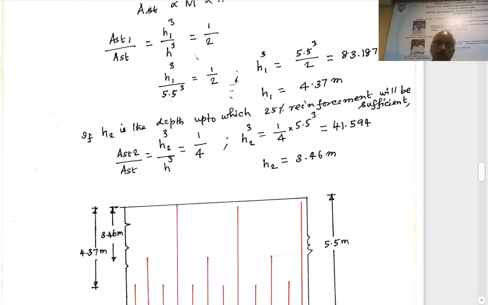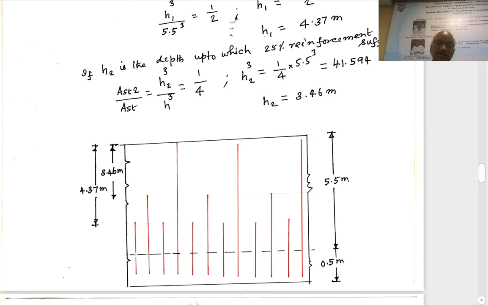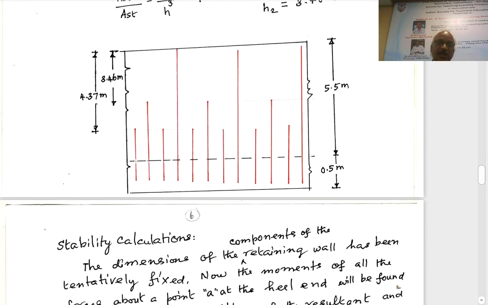Now coming to the reinforcement details, we can see, considering from the right, the first bar is provided for the full height, the next bar is provided for 4.37 meters, then the next is up to 3.46 meters.